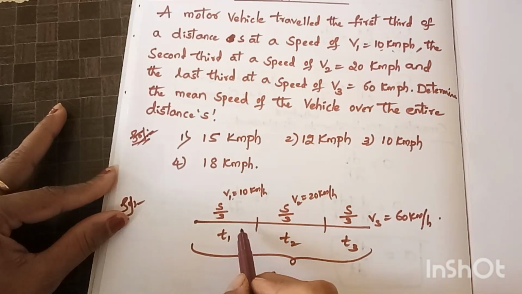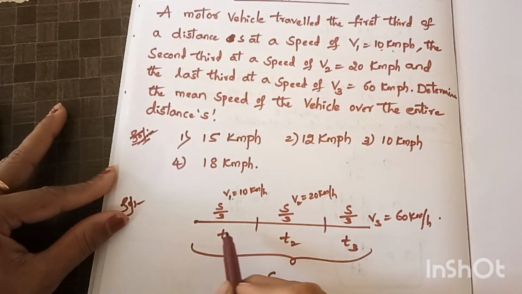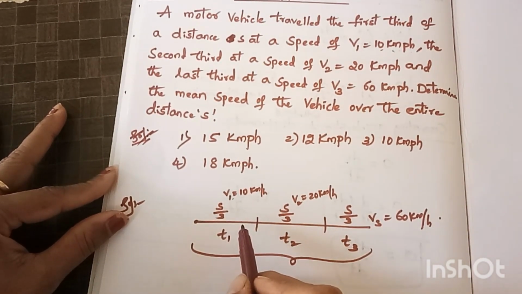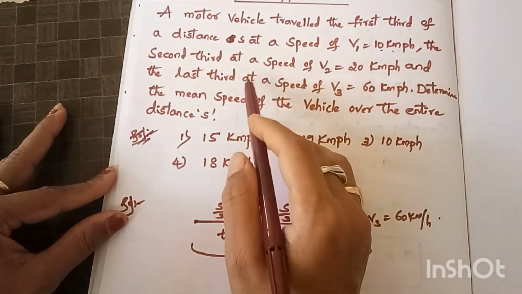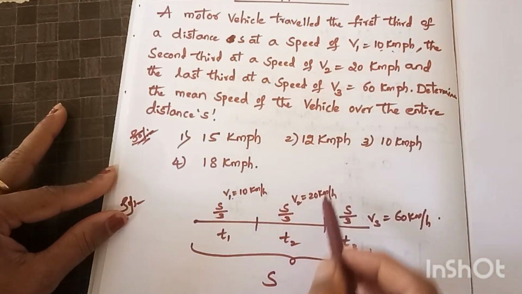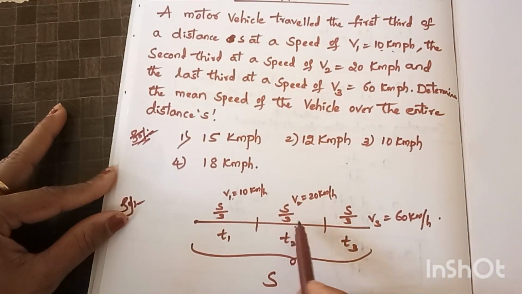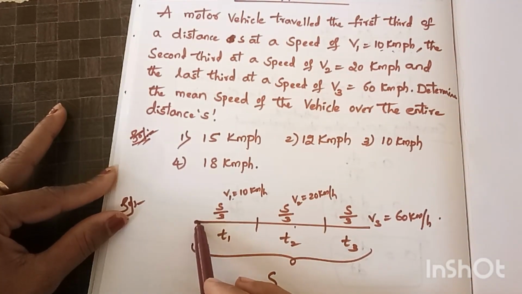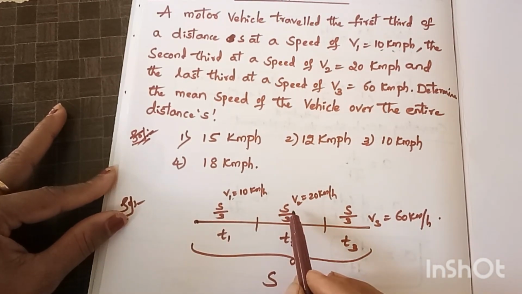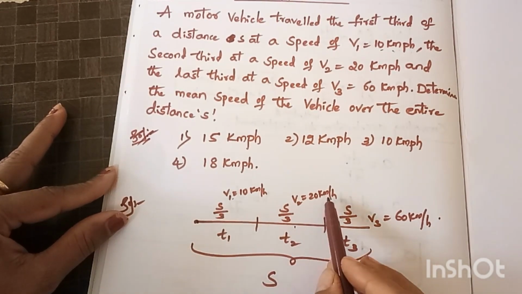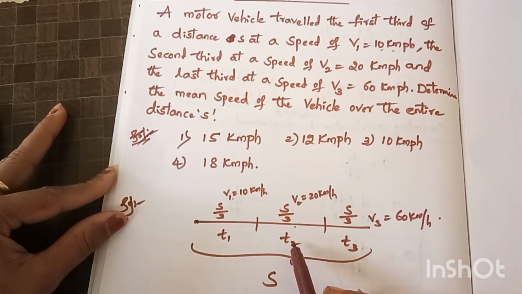We don't know the time for which the vehicle is traveling at that speed, so we consider it as t1. The second third means s by 3 with speed 20 km per hour, and we don't know the time, so we consider that as t2.